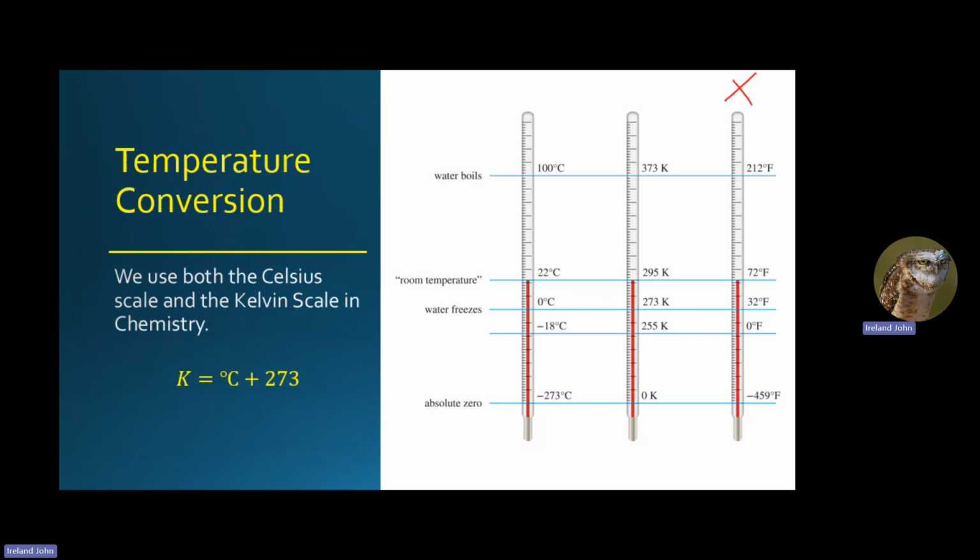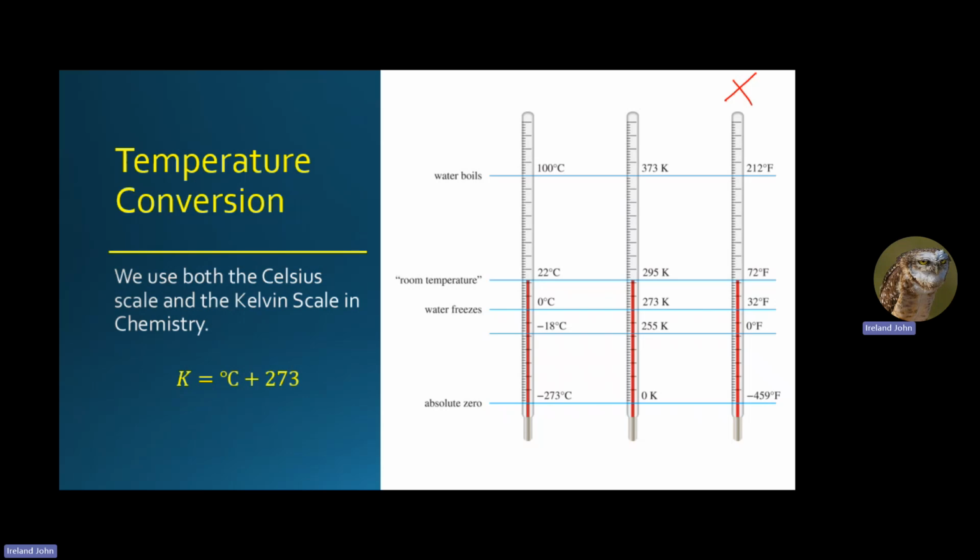So if I want to know what my temperature is in Kelvin from a degree Celsius, I would just add 273. So absolute zero on the Celsius scale becomes negative 273. Right? So Celsius equals Kelvin minus 273.